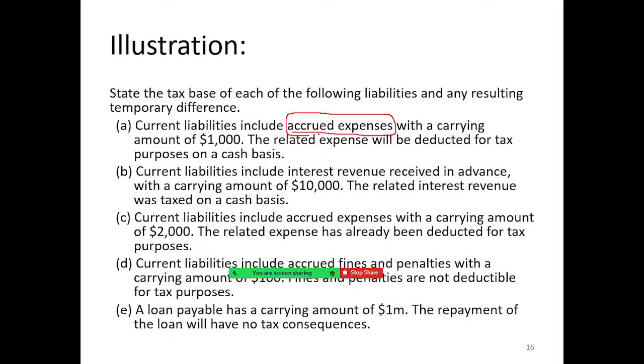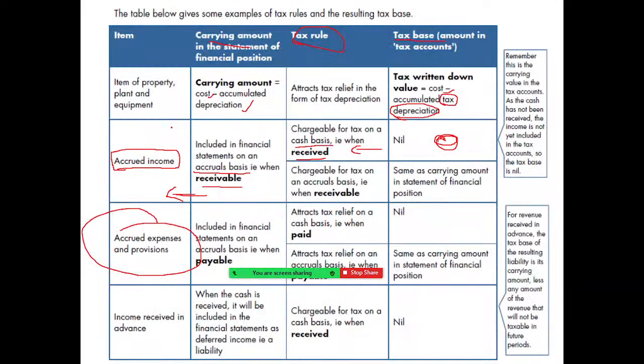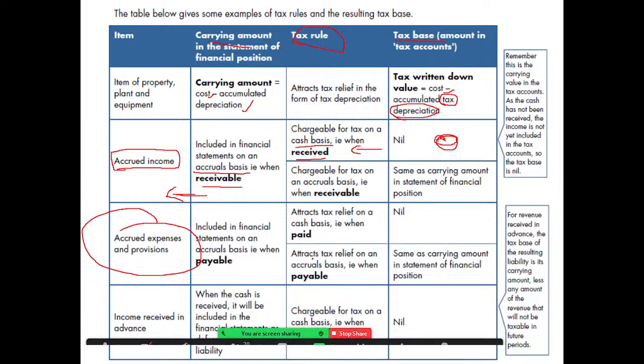So the accountant has recorded it, but the tax authority has not. Then what's the tax base? The tax base is 0, so there is a difference of 1,000. Here the tax base of the accrued expense is nil. The temporary difference will be 1,000. You can look at here: accrued expenses, on cash basis it's nil.